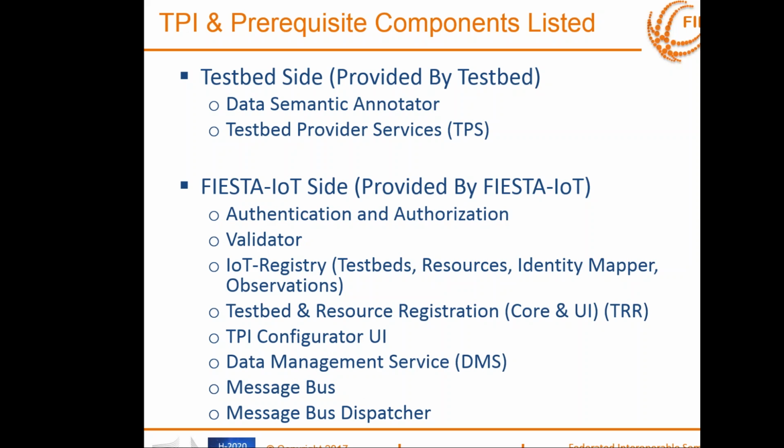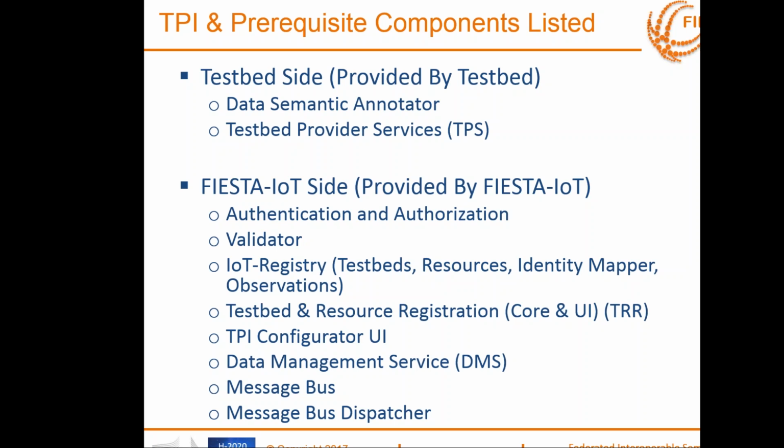So the components are divided into two main layers. First is the testbed side, where we can find the components and the libraries that the testbed provider will need to set up and generate.